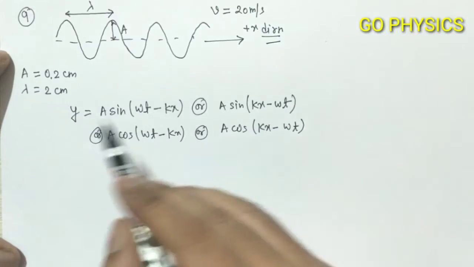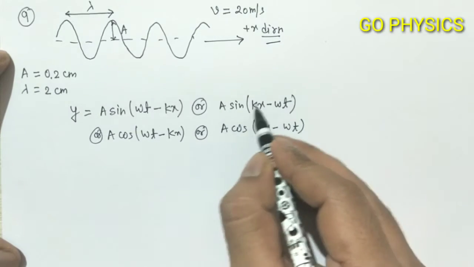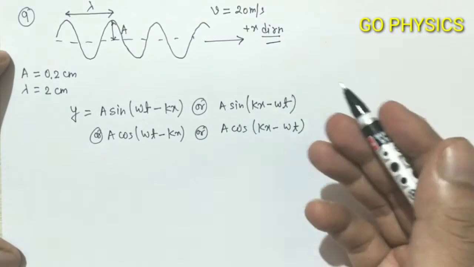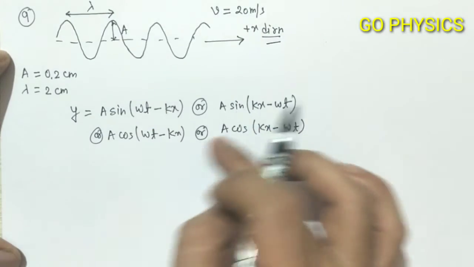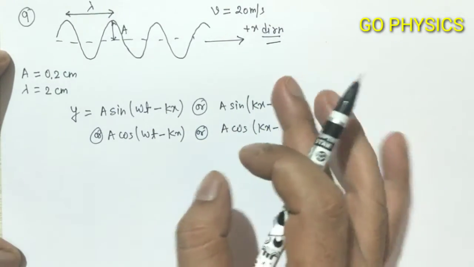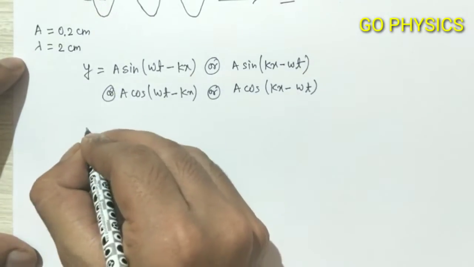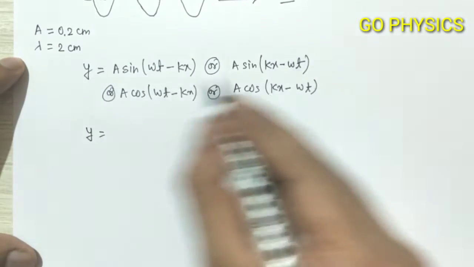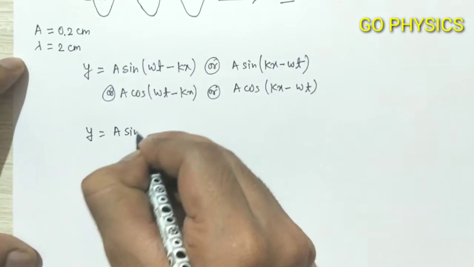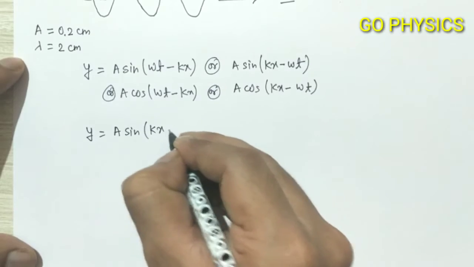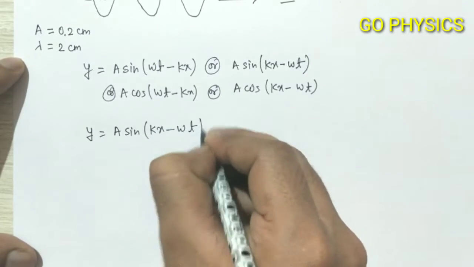As we will see in the answer, they have taken the second equation. So we will take the second equation for the given sum. We can take any of the four. So y will be equal to a sin (kx minus omega t).